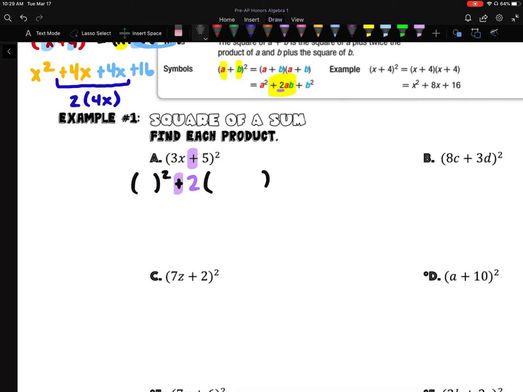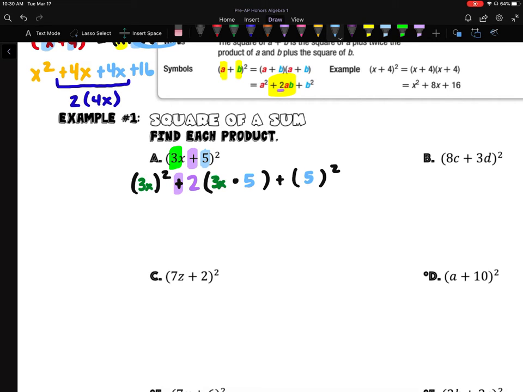In these parentheses, you're going to want to leave yourself a little bit of space because you are going to end up performing multiplication. 2 things are going to go in that parentheses, and then plus parentheses here at the end. Now, the first 2 spots of your parentheses, this 3x is going to go in this first spot and that second spot. What goes in the last 2 spots is the 5. So 5 here and 5 here.